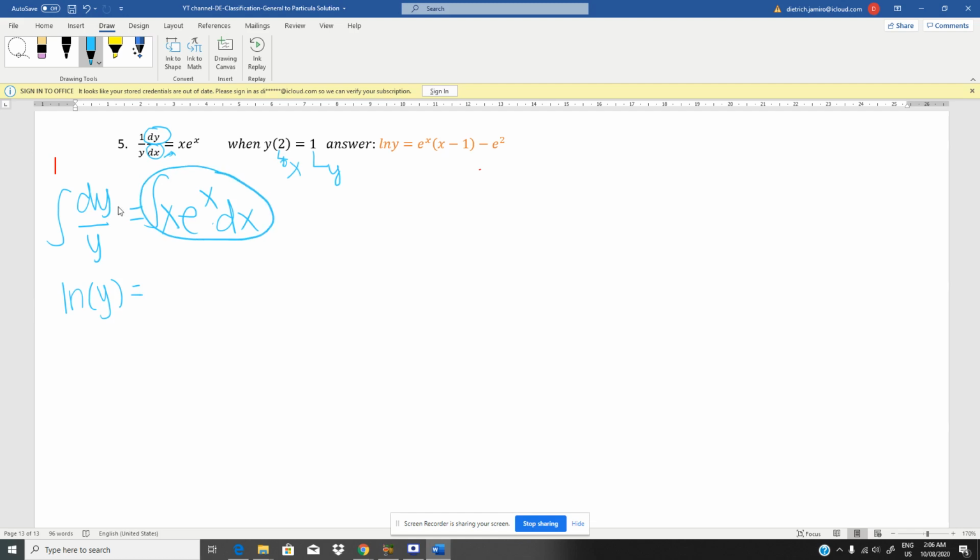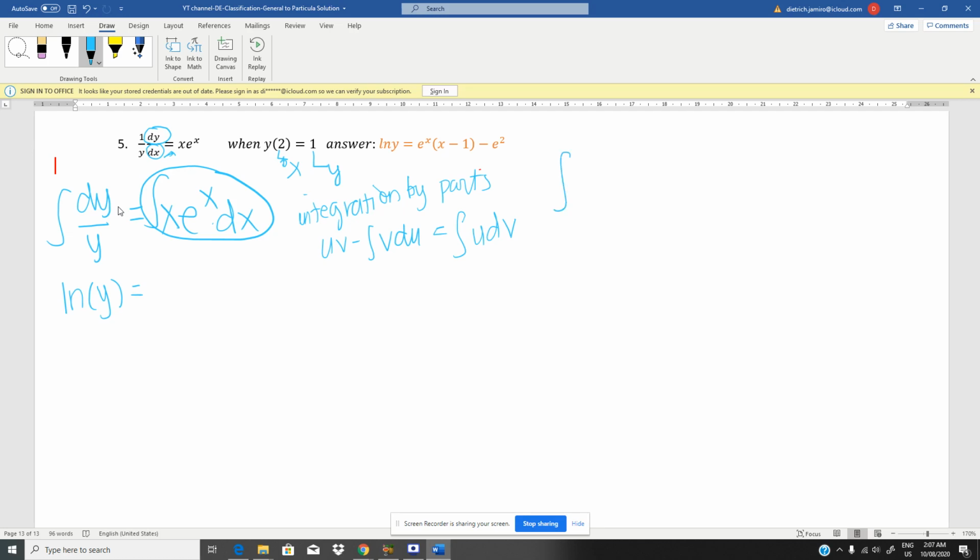In this case, we will use integration by parts. We know that uv minus the integral of v du is equivalent to the integral of u dv.